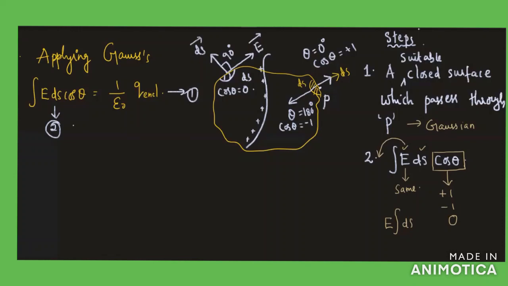Now we need to know only this integral ds, which is the entire surface area of the surface which is selected to apply Gauss theorem. So this integral ds is the surface area of the Gaussian surface.